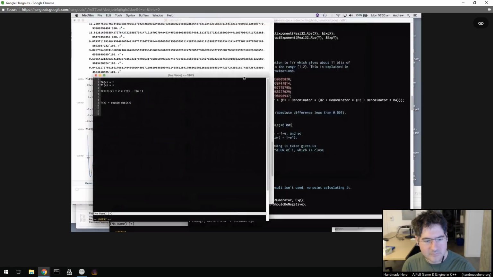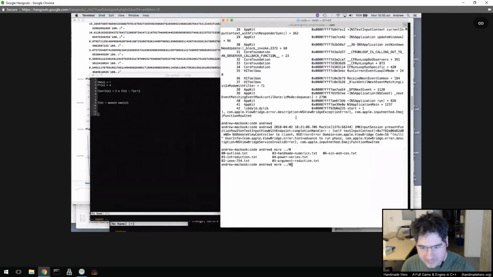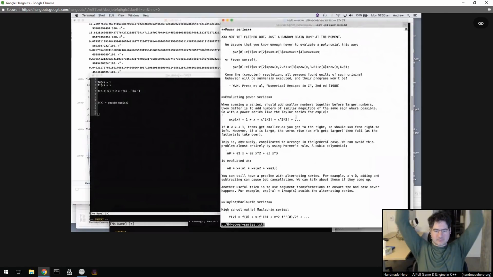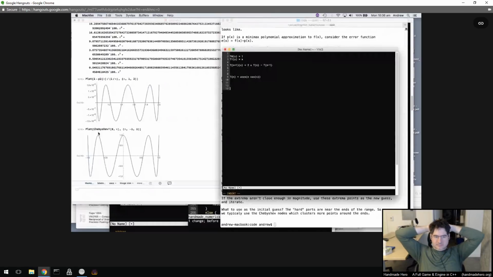Now let me just see if I can... I've got the example here. Yeah, here we go. So if we have an initial guess as to where these peaks are, let's say they're at x0, x1, x2, x3, and so on, what we can do is set up a linear system, a system of equations that looks like this.